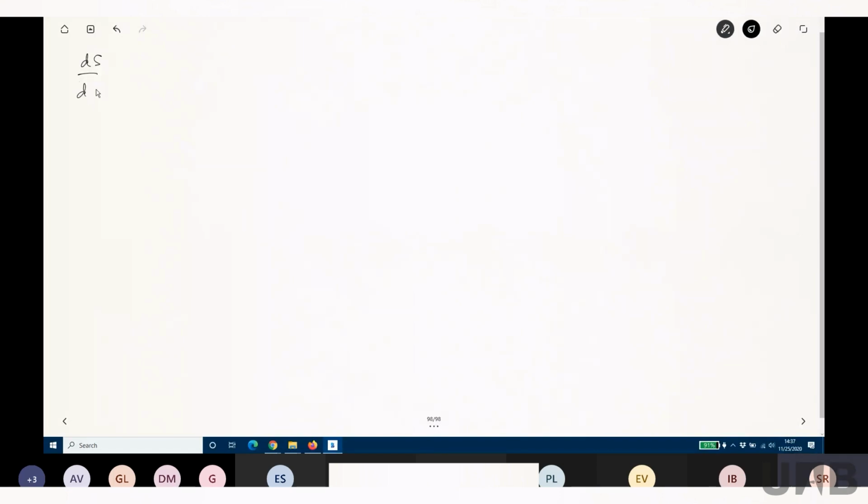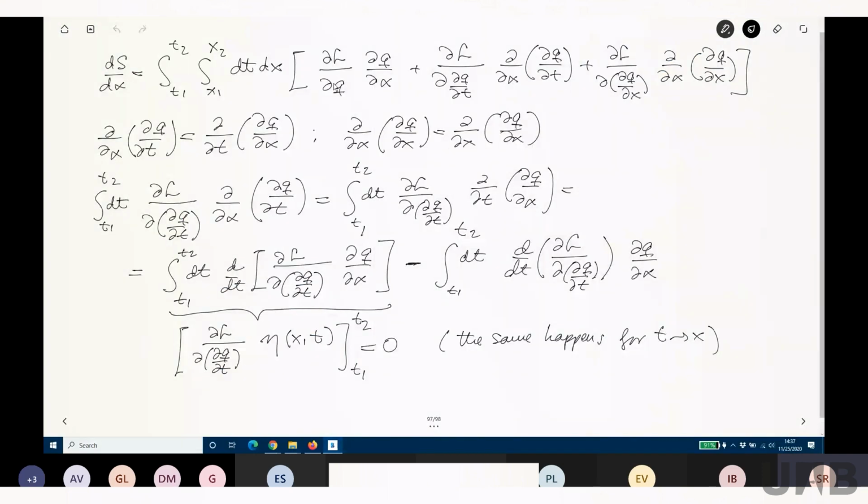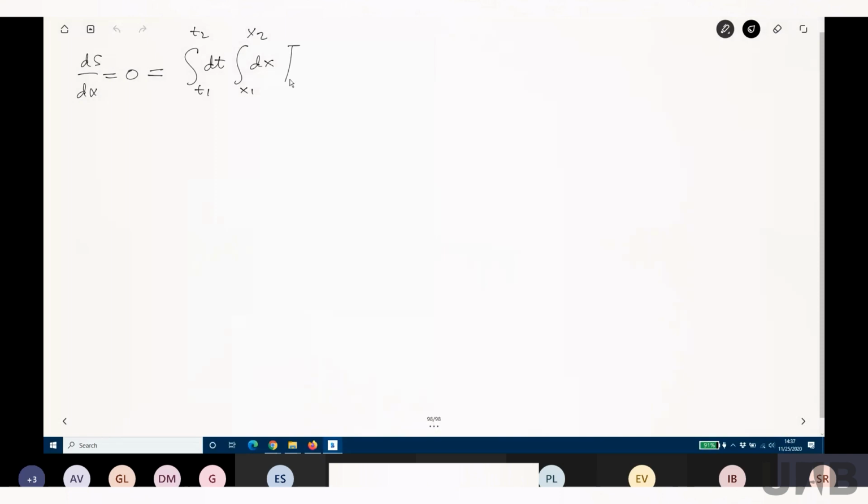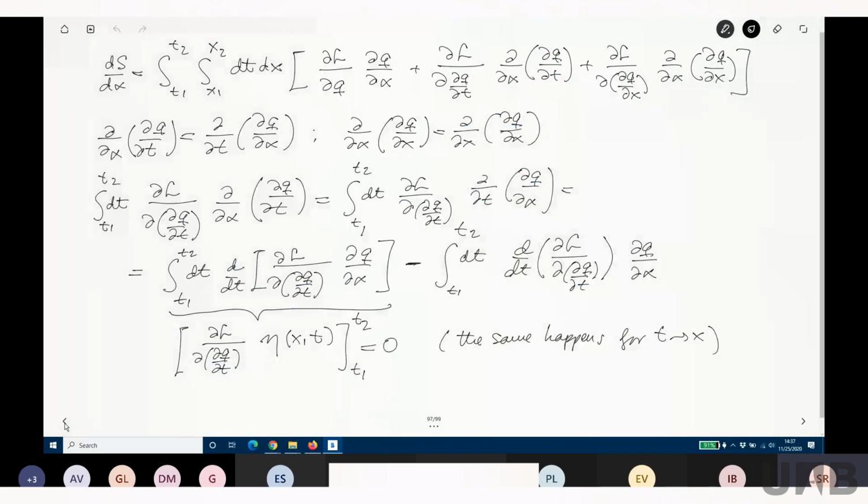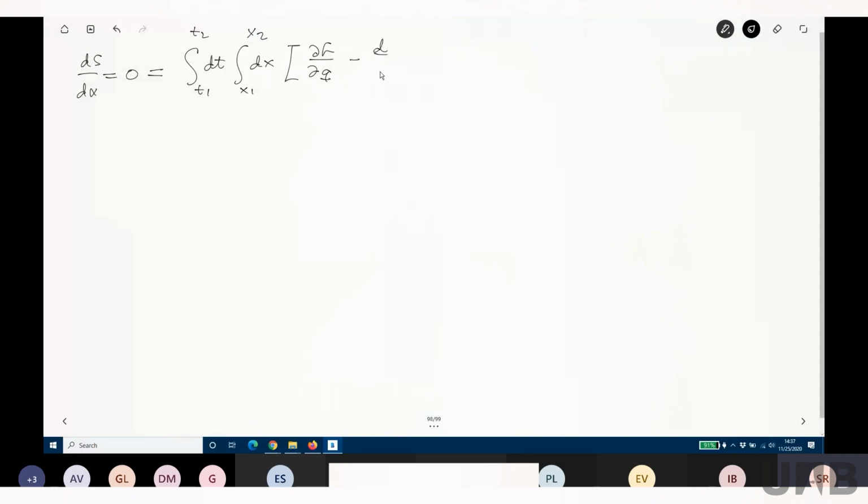So the derivative of S with respect to alpha, which is 0, that's the principle, is the integral dt from t1 to t2, integral dx from x1 to x2. And what do we have? The first term is dL/dq. The next term is this thing with a minus sign: minus d/dt of the partial of L with respect to the partial of q with respect to t.